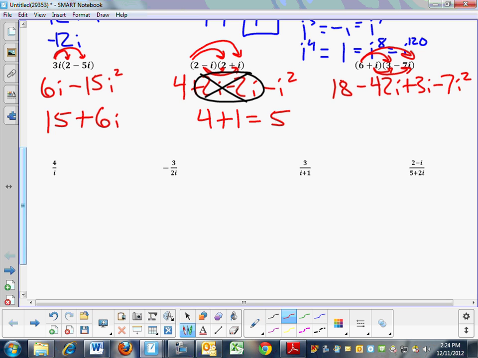Negative 7i squared. What do the middles make? Negative 39i. What's negative 7i squared? Positive 7 plus 18. 25.